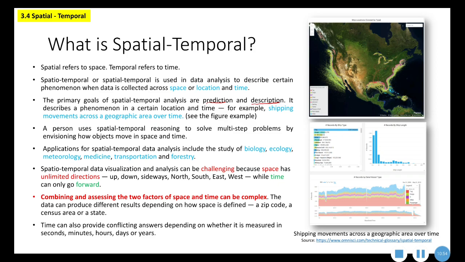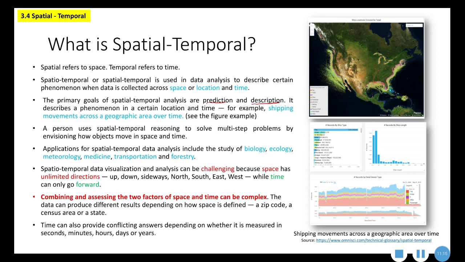So this kind of data is used to track the movement of an object, meaning the movement refers to the geographical location and also over time. Time is the second parameter that is needed in order to analyze this kind of information.